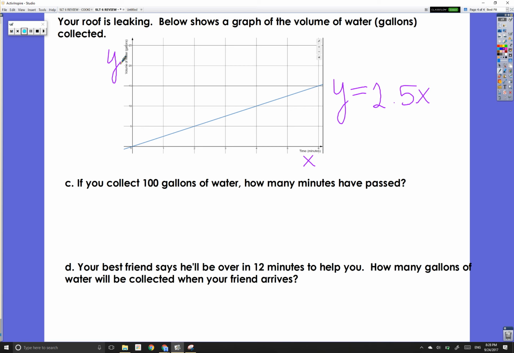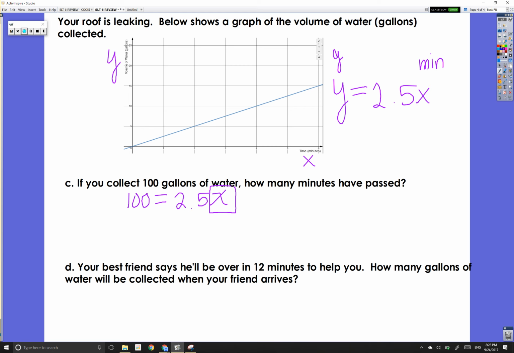So if we collect 100 gallons of water, gallons always goes on the y variable, and x is our minutes. So if we have 100 gallons, that means we'd have to put 100 here equals 2.5 times x. So we need to figure out this x value, and because we have to work backwards, 2.5 times some number has to give me 100.